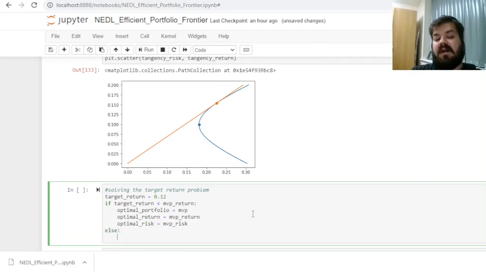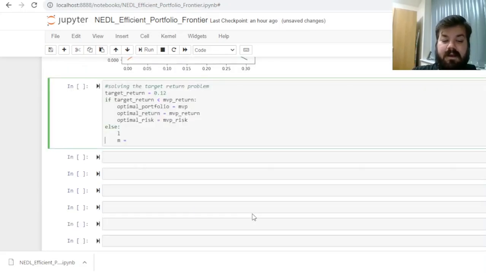Else, if our target return is greater than MVP return, so we are slightly ambitious, we need to figure out the point on the frontier that corresponds to that. And it turns out that we can define this problem as a combination of our minimum variance and tangency portfolios. And that's how we do it. First, we define two constants that are L and M. L would be the risk optimizing element, and M would be the return optimizing element.